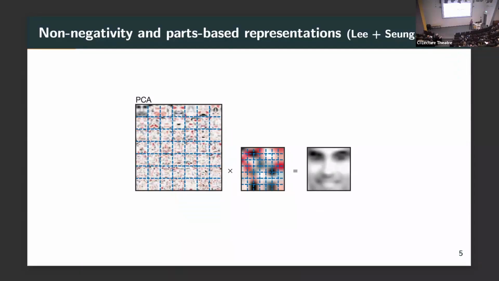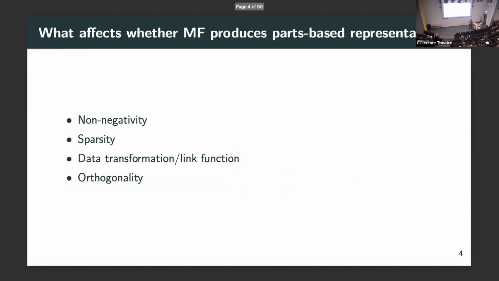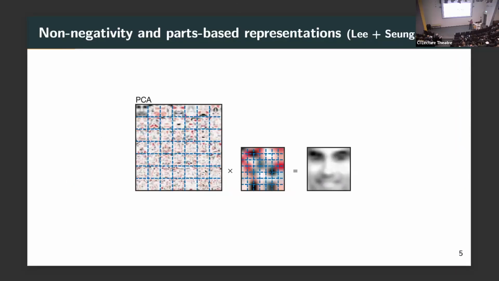Then you do a principal components analysis of that matrix. These are essentially the Fs that you get out of that decomposition, but rearranged. Each F is a row, but we rearrange them back into the shape of a face in order to visualize them. What you see is that the first PC is essentially an average face.